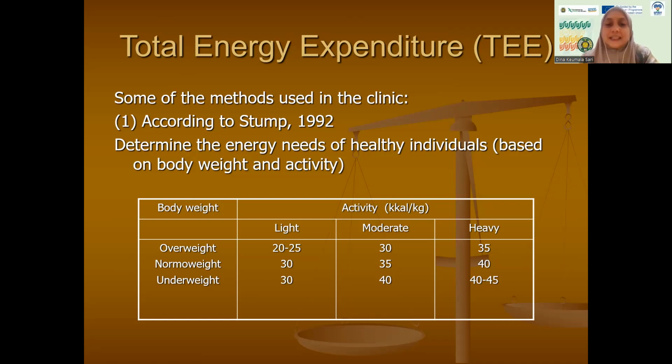For activity, we can add around 20 to 25 kilocalories per kilogram for light activity, about 30 for moderate, and 35 for heavy. We multiply by these values, for normal weight and also underweight, in kilocalories per kilogram.